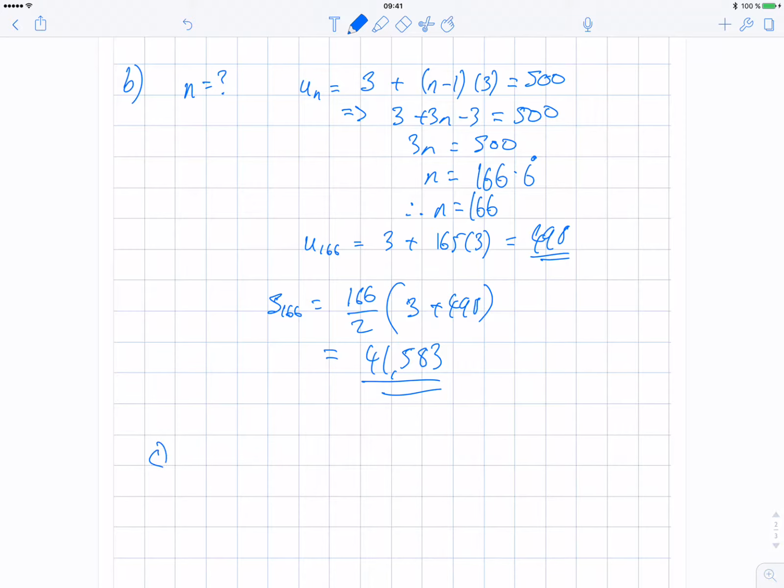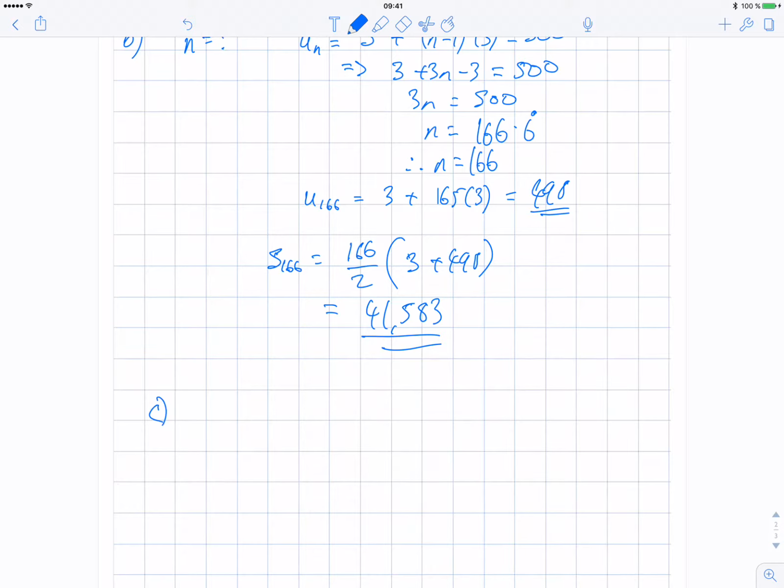And finally, 16c, all integers divisible by 6 between 30 and 300. Okay, again, so how do I do this?